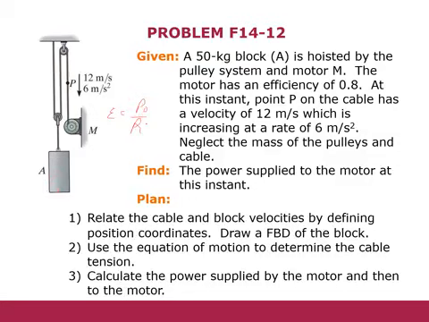So we know that the power is equal to F into V. This is the velocity of the point which is acted upon by the force F. In this case, this force is the tension force created due to the weight of the block, which is moving in the upward direction. So let's find this force, and after that we will calculate the input power which is required to be supplied to the motor.